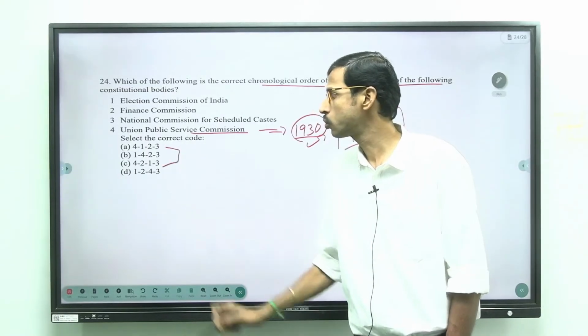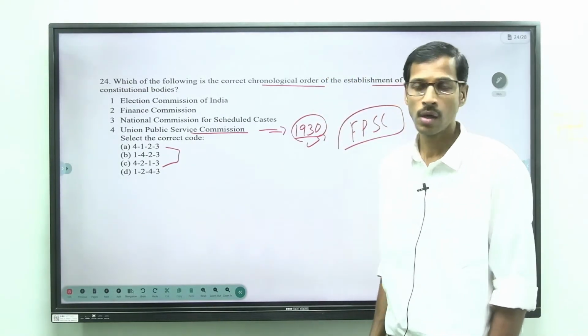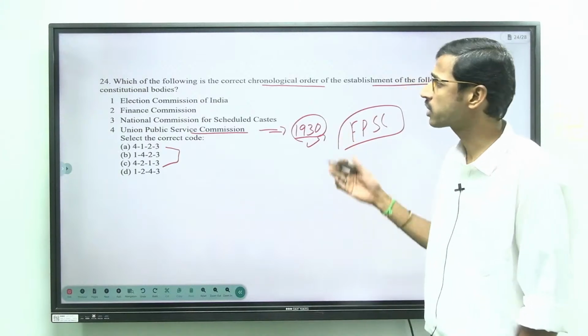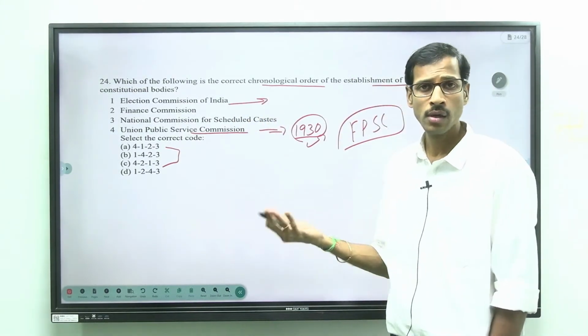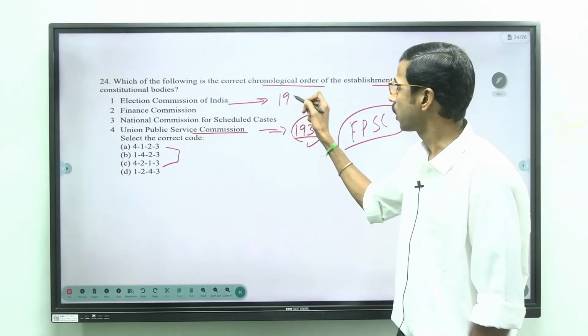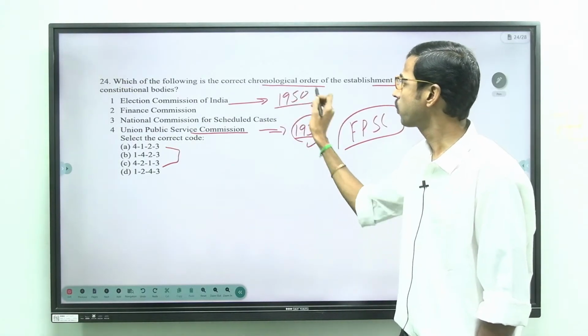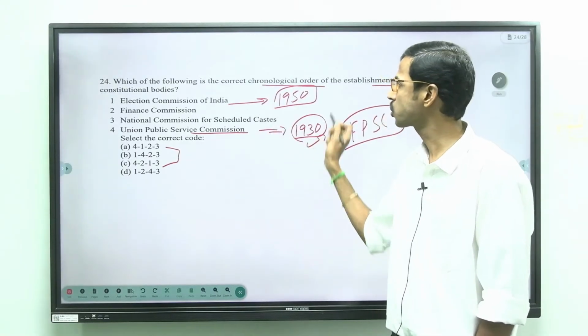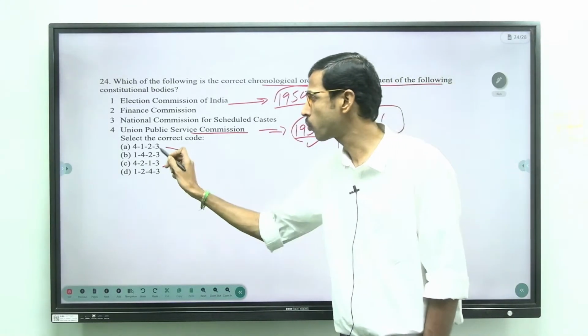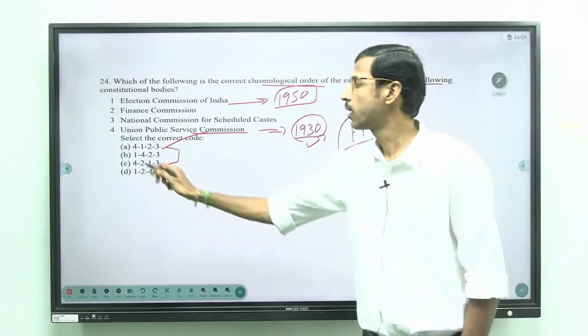These two, A and C, are correct up to some extent. Next, if you see the Election Commission, immediately after independence, in 1950 only, it was established, right? That is correct. Next one, 1950, that is 4-1. This is correct. A is the 4-1.